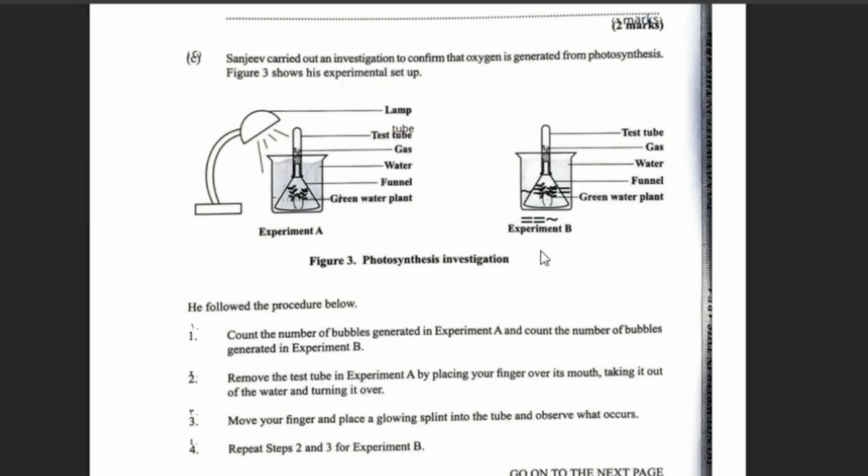Okay, so now the next question says Sanjay carried out an experiment to confirm that oxygen is generated from photosynthesis. Figure 3 shows his experimental setup, and this is the procedure right here, right? So basically they want to find out if oxygen is a byproduct of photosynthesis.